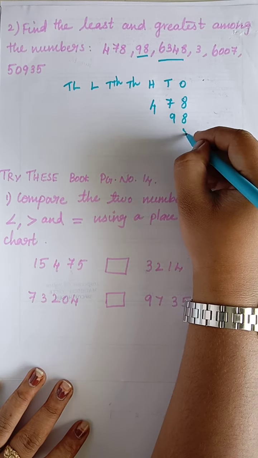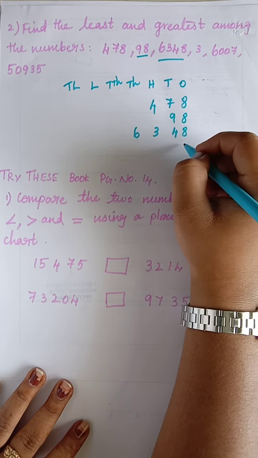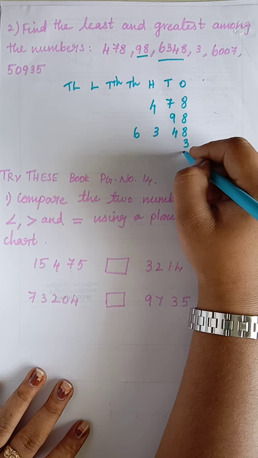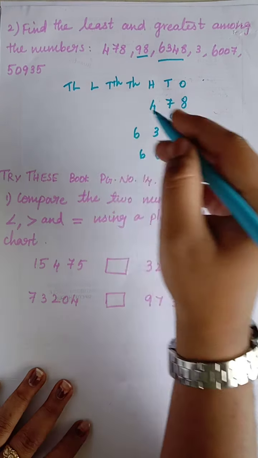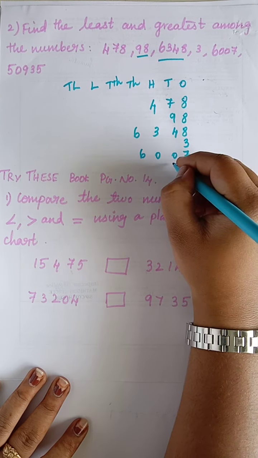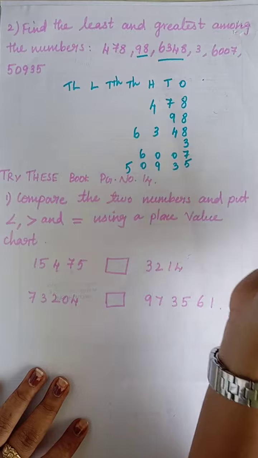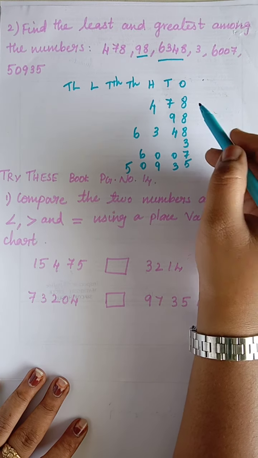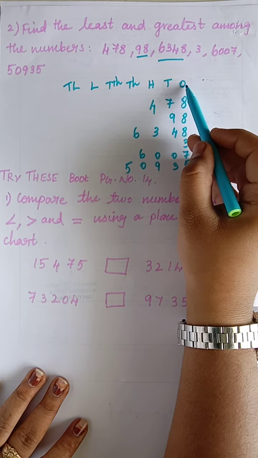Next 8 4 3 6. Next 3 alone. Next 7 0 0 6. The last one 5 3 9 0 5.